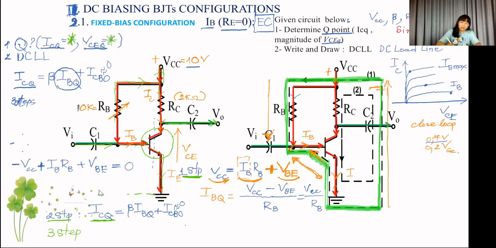You can see here VCE, right? Between C and E. E, of course, is now at ground. And we should find the closed loop once again.